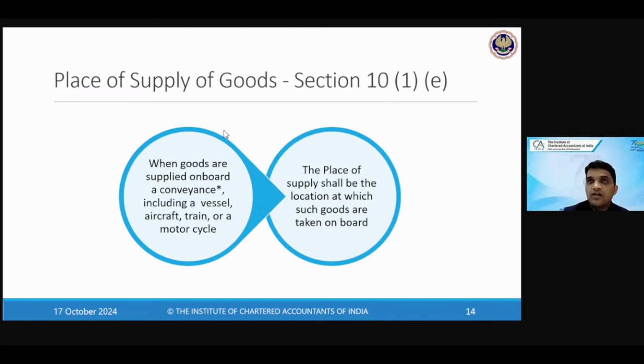Anything you sell to your consumers when they are in the flight, in the train, or in a vessel, the place of supply for such goods will be the location at which such goods are taken on board, where you load those goods in your conveyance. When you load those goods in your flight or your train, that place is the place of supply. That is what 10(1)(e) is saying.